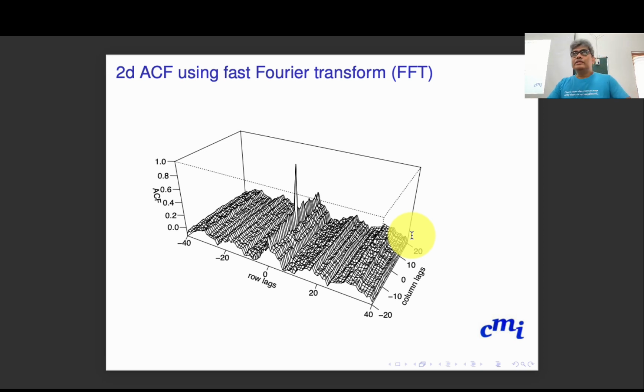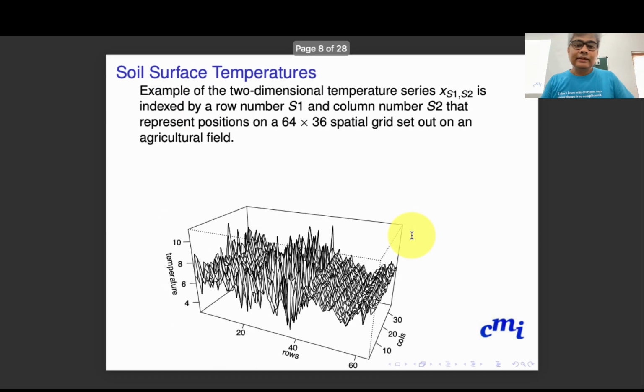Then the problem is that beyond two dimensions we can't even plot. In two dimensions at least I can plot and identify that I am getting the periodicity in the row direction. Because if you look into the original data set, it is almost impossible to make any sense out of it, in which direction you have the periodicity.